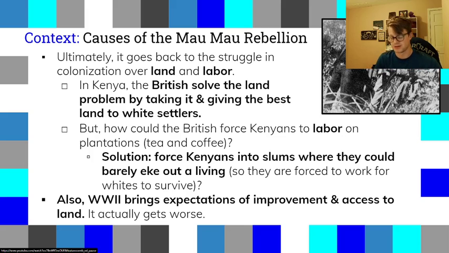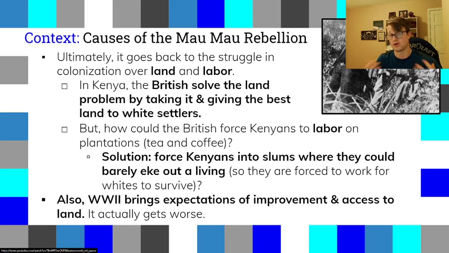So in Kenya, the British solve the land problem in terms of ownership quite easily. They just take the best arable land from the native Kenyans, and they give it to their own white settlers.